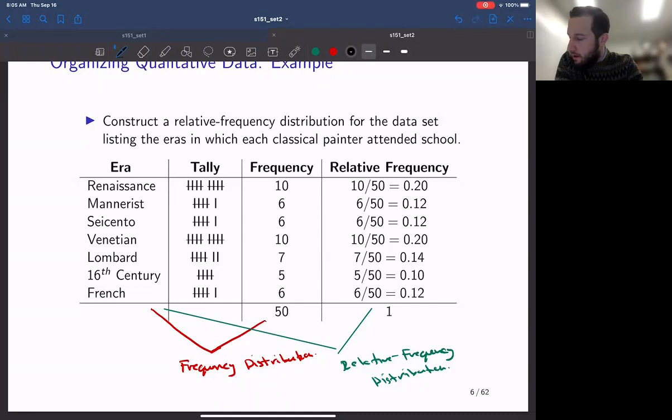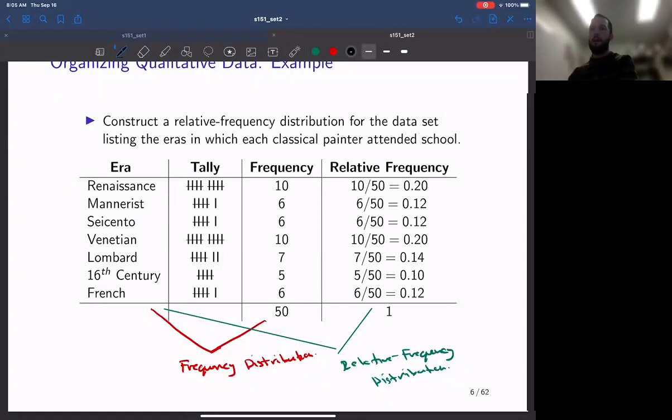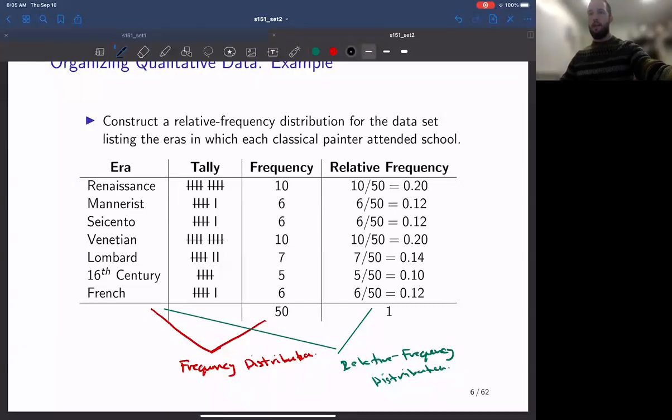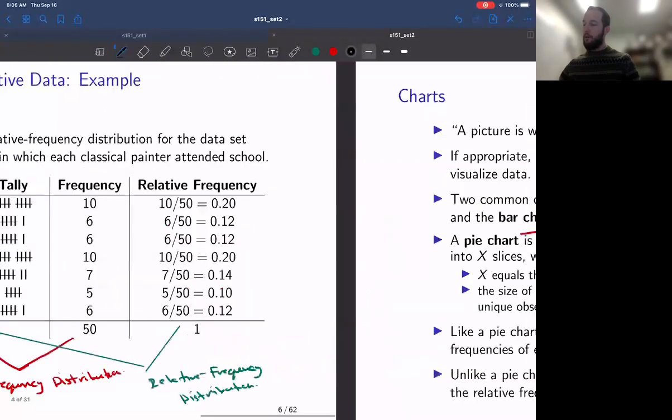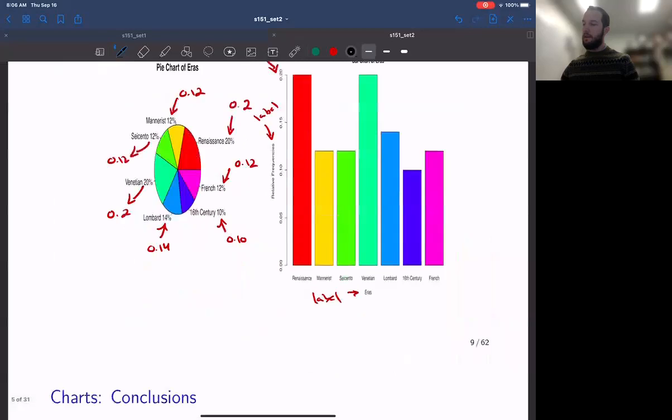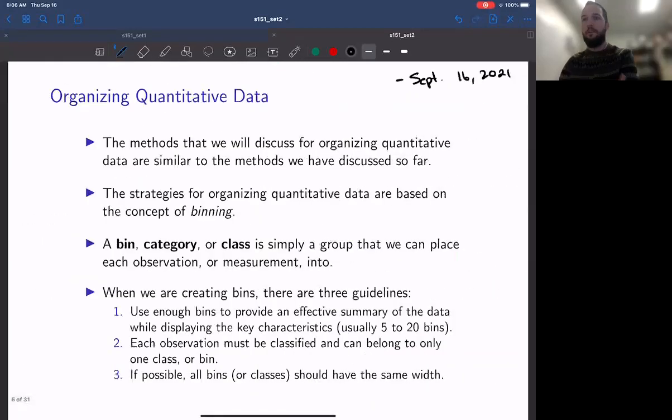Okay. So today we're going to continue with discussing ways of organizing and visualizing data, but we are going to change our focus from qualitative to quantitative data. For the most part, the starting point for organizing quantitative data is the same as the starting point for organizing qualitative data.